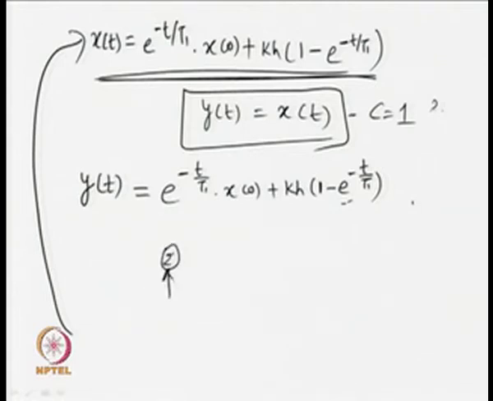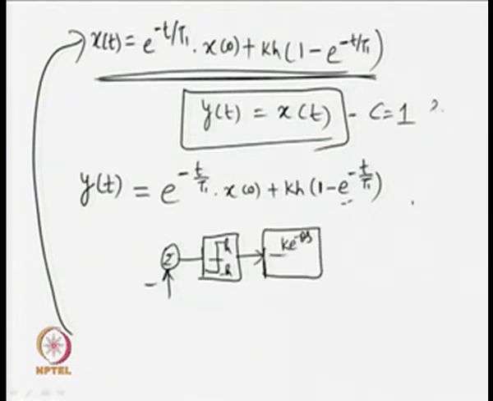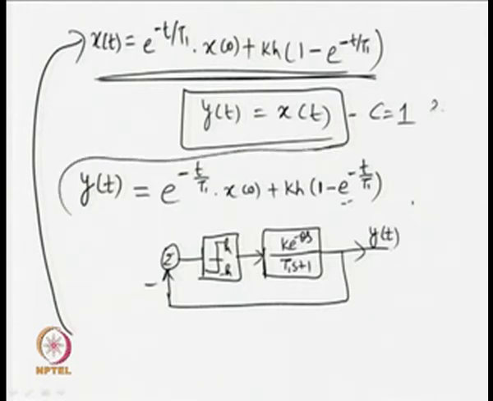So, what I mean by that? When a symmetrical relay with heights or amplitudes h and minus h experiences a first order plus delay system of the form k e to the power minus θs upon T1 s plus 1, then the type of output you will get from this arrangement is governed by the equation y(t), and that is the y(t) we have here.